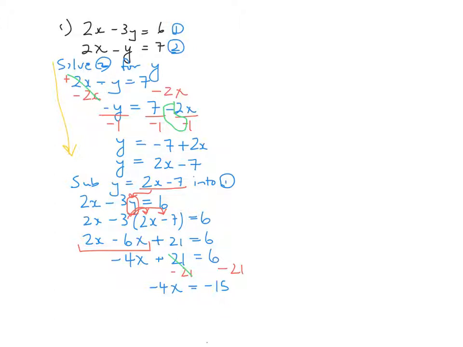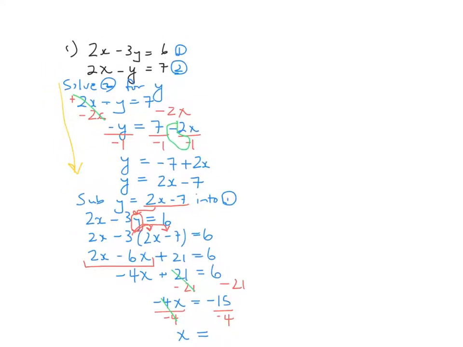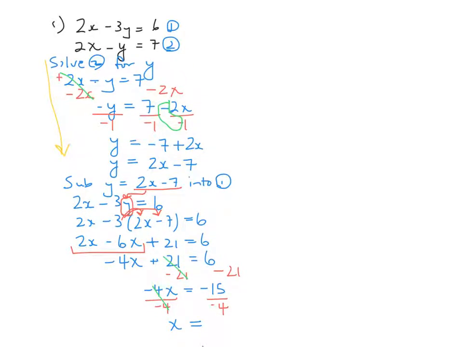Now, to get x by itself, it's being multiplied by -4. We're going to divide both sides by -4. And we're left with x equals, so the -4's cancel each other out, or undo each other. A negative divided by a negative, overall, is going to be a positive.